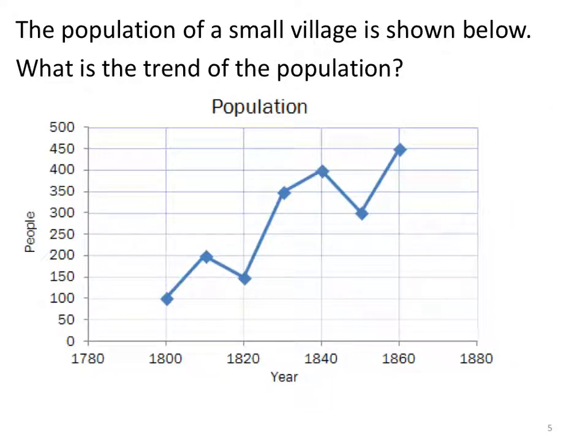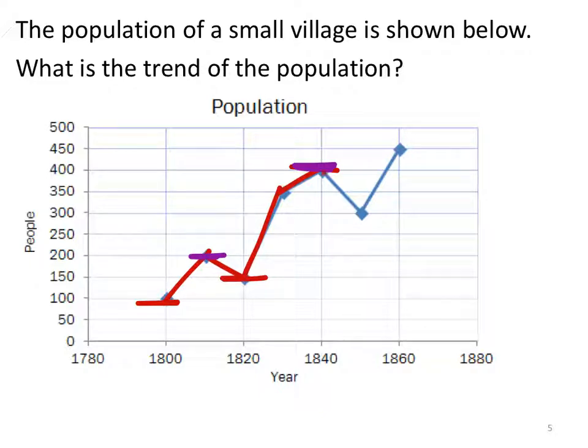Same graph. What is the trend of the population? It can be described several different ways, but we can see it go up and then come down, but the low here is higher than the previous low. After that, it continues to increase, and this new high is bigger than that old high right there.